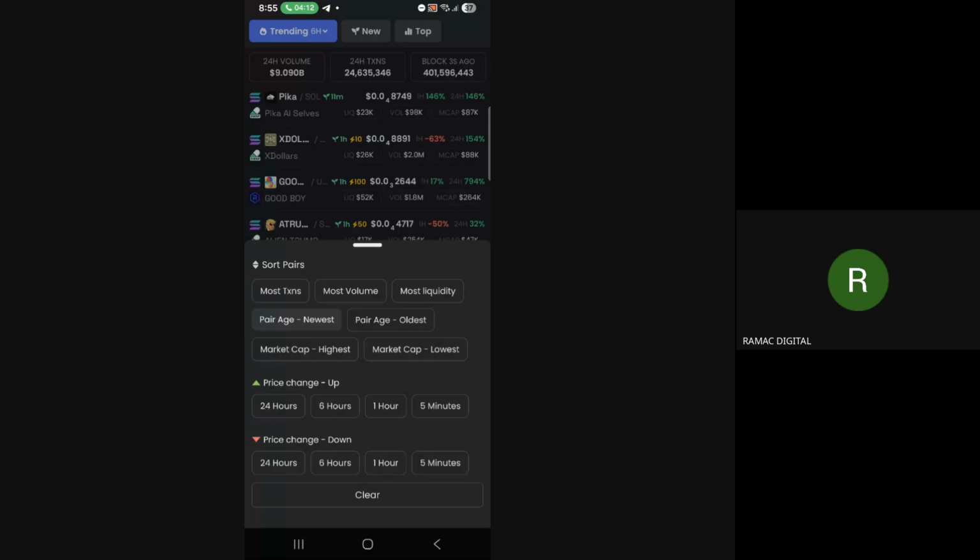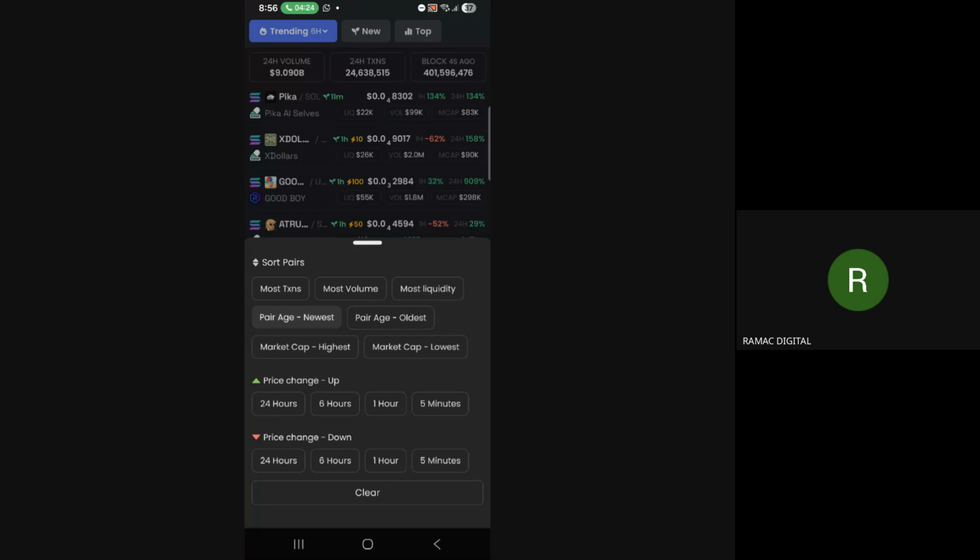Then I thought, what kind of coins do I need? I'll look for a coin that has been around for a while. So how do I do that?